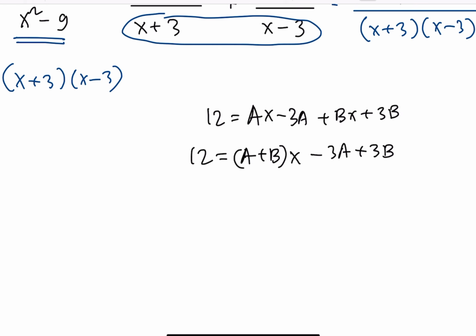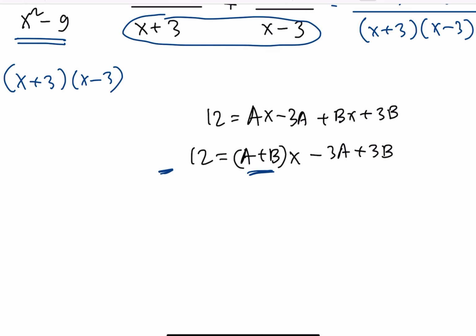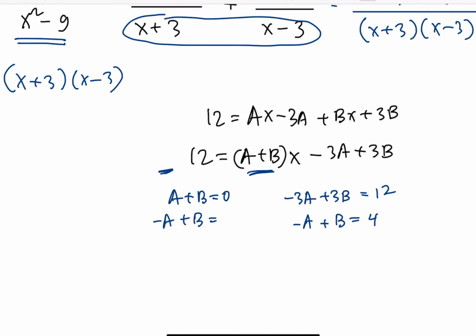And we can say that a plus b is 0, because there is no x on the left-hand side, and negative 3a plus 3b is 12. Divide by 3, this is 4. So we have a system of equations, and we can subtract these two.